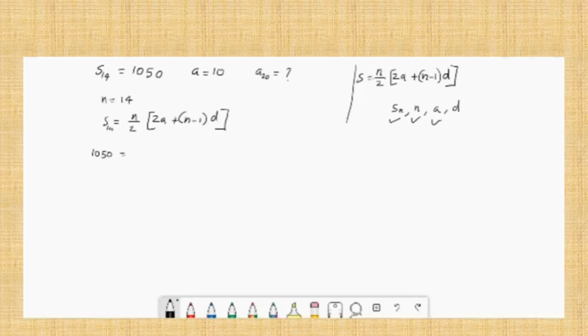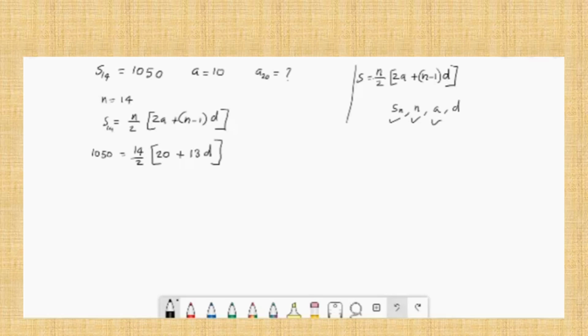N is 14, so 14 by 2 into 2a plus n minus 1 d. 2a, a is 10, right? So 2a will be 20. So 20 plus n minus 1. N is 14 and n minus 1 will be 13. Then d, we don't know d, so we simply write d. So we got one equation with a single variable. So we can solve for d.